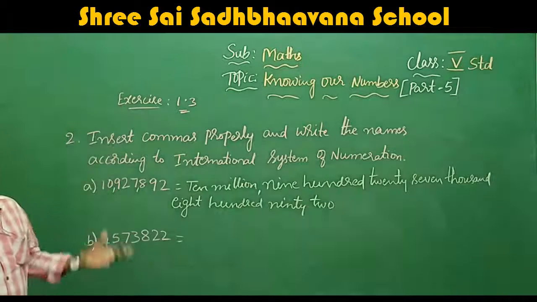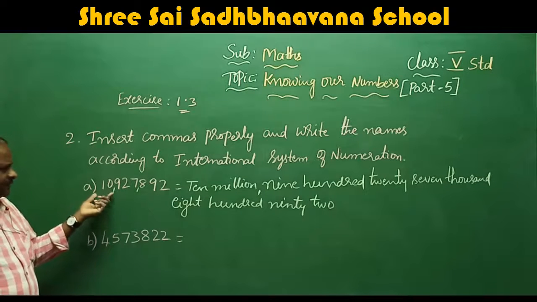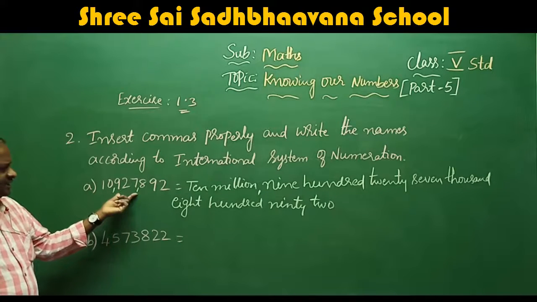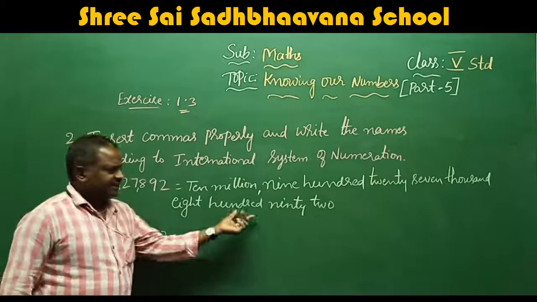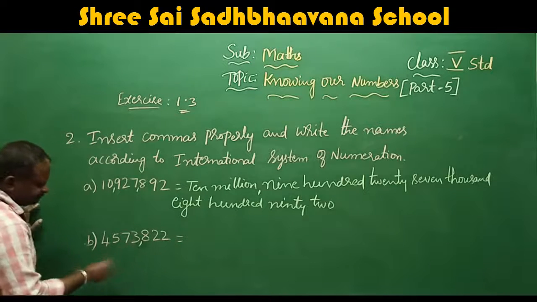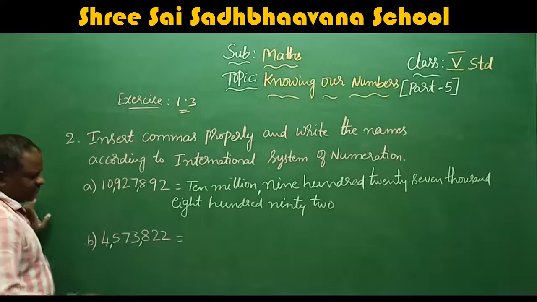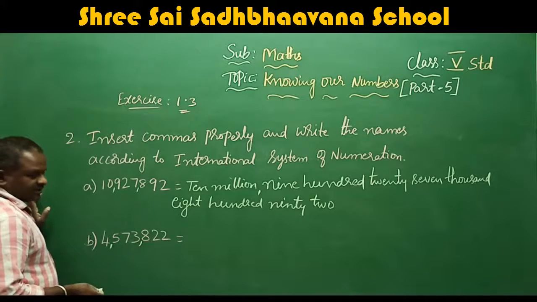I am doing it slowly for your better understanding. It is 10 million, 927,000, here no lakhs, and 892. When you come to this number, commas go for the first 3, next 3 and the last one.